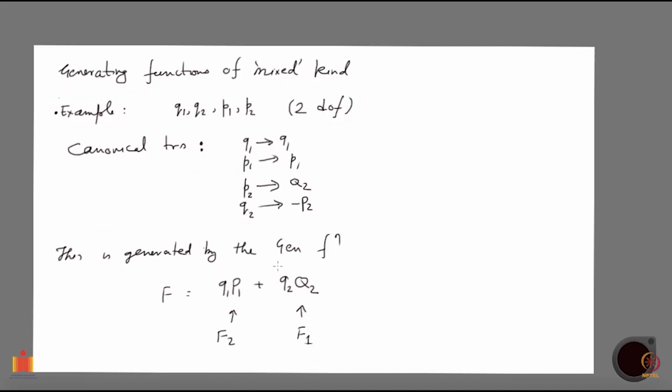So clearly this will generate an interchange in the coordinate q2 and its momentum p2. So this is another kind of generating function that we can use.